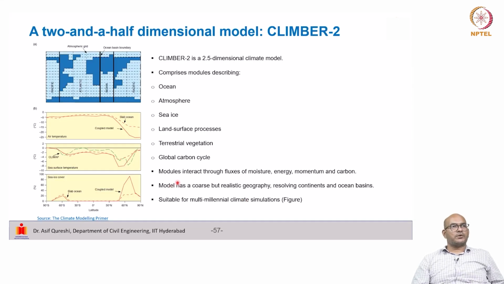Then we have another model that can be introduced, which is CLIMBER. It is sort of called a 2.5 dimensional model. Why? It comprises modules describing ocean, atmosphere, sea ice, and then it has land surface processes, terrestrial vegetation, and the global carbon cycle also.